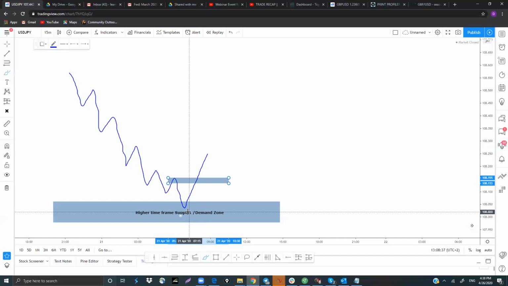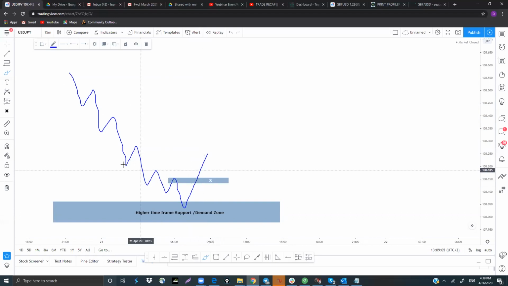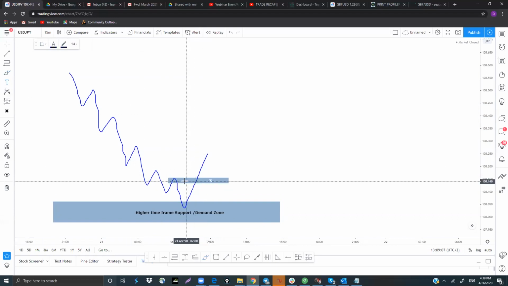I want the price to show us some bullish movement in the lower time frame as well. That's what I was waiting for, this pattern: lower high, lower low, lower high, lower low. And now you see price is not making lower low and lower high. Instead, price broke the structure. So this area is, for me, the breaker.